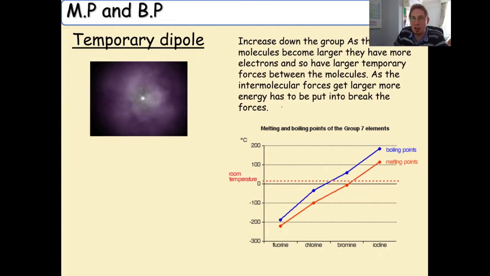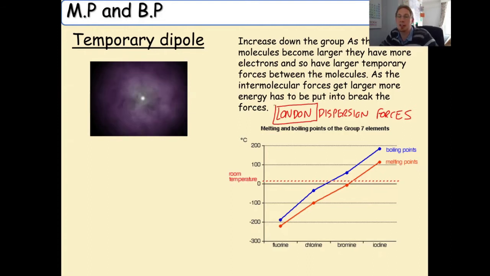These are London dispersion forces. And you often need to mention London forces if you're going to get the mark on a question like this.